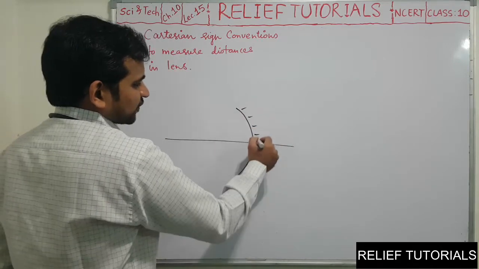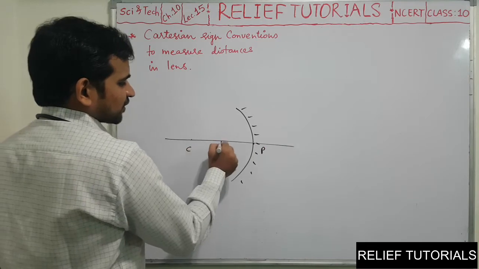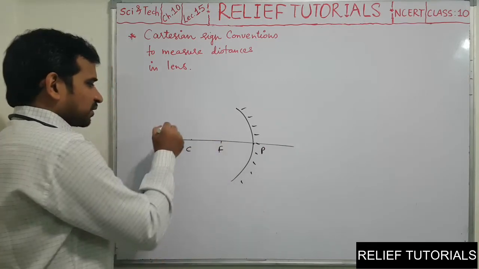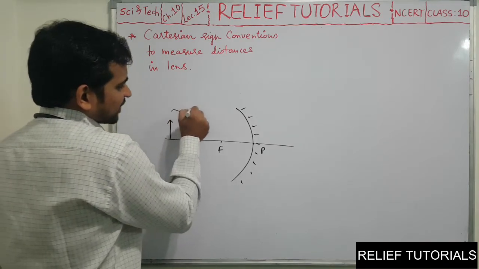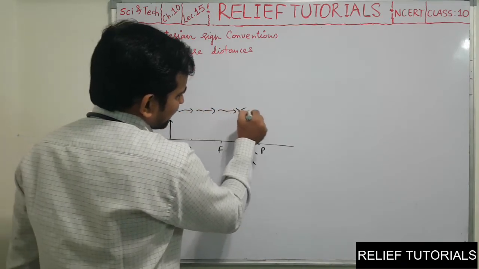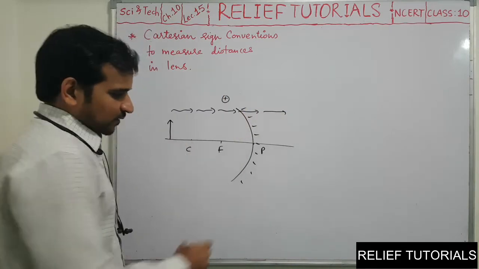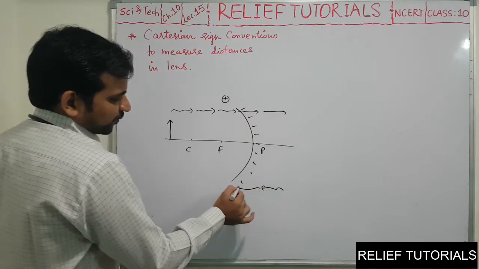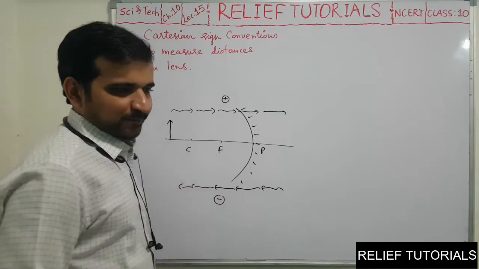This was the concave mirror. This was pole, center of curvature, principal focus. If you place the object here, this is the direction of incident ray, and according to rule we have taken this distance as positive. The distance measured in the opposite direction of incident ray was taken as negative.